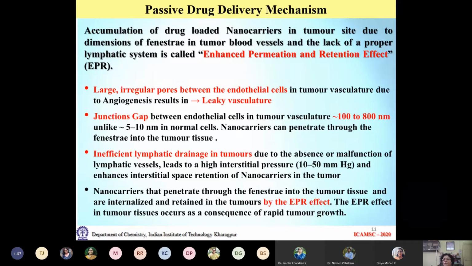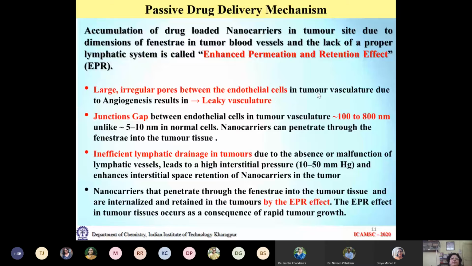What happens? You have leaky vasculature, and you have pores within the endothelial cells in the tumor vasculature, and you see the angiogenesis results in more of the blood vessels, so you have leaky vasculature.